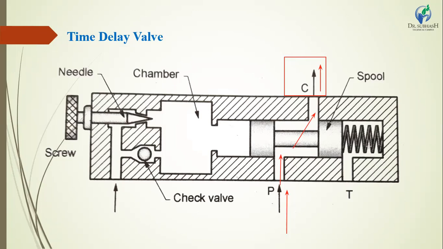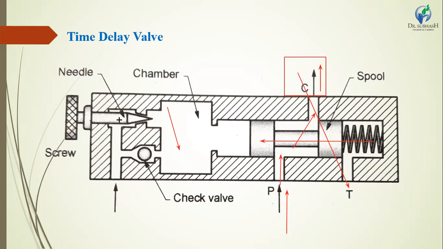Then the spool moves in the left direction and the hydraulic oil can return from port C to T, which is the retract condition. In the figure, the time delay valve has an inbuilt reservoir. This point is called the reservoir point.